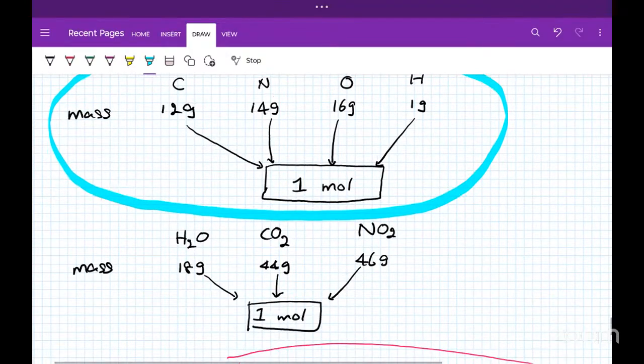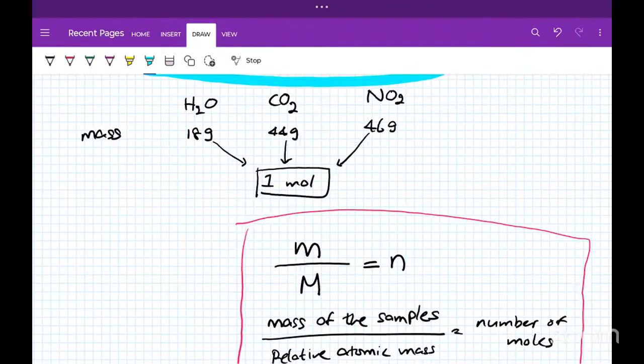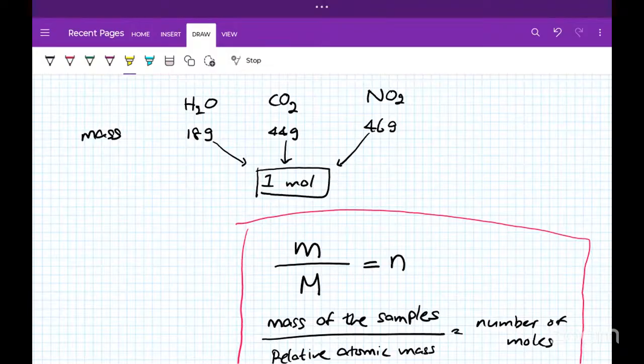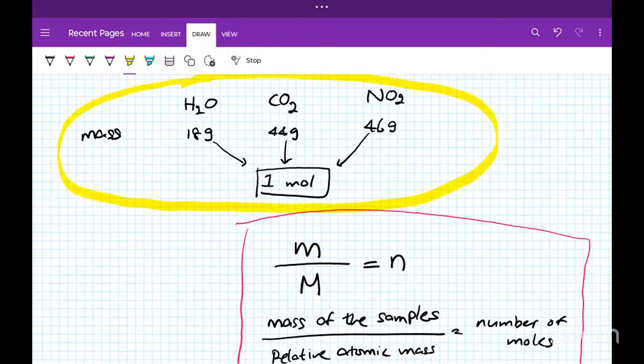Okay, next bullet point. When a molecule sample is considered, a relative molecular mass in grams sample contains exactly 1 mole of that molecule.